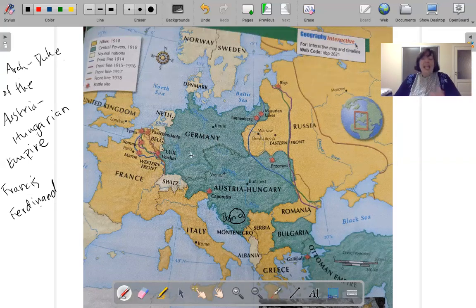Okay, so he wants to go visit Bosnia. And he has been told, that's not a very good idea. There are a whole bunch of nationalist movements down there. There's a bunch of unrest. People aren't very happy with your uncle, the Emperor of Austria-Hungary right now.